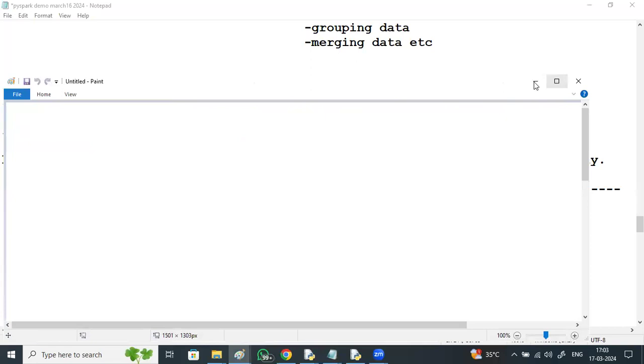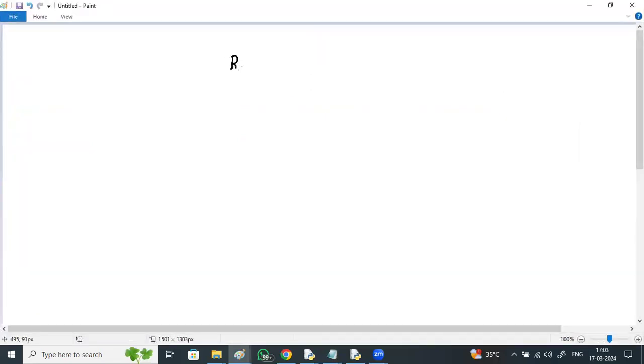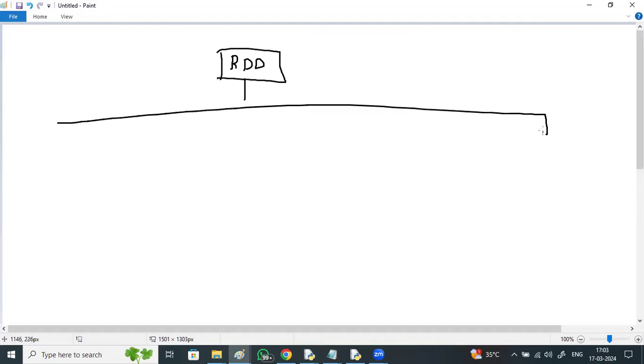In Spark, Spark data objects are called RDDs. So this is an RDD, a Spark data object. It is divided into partitions: P1, P2, P3, in the same way up to P20.